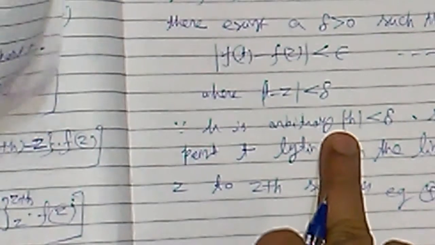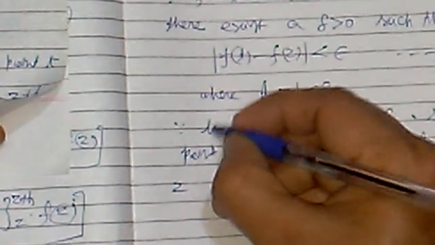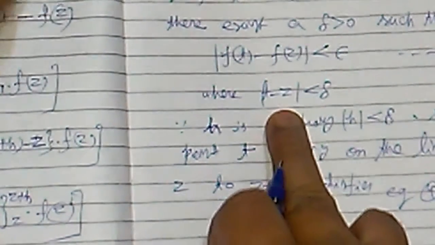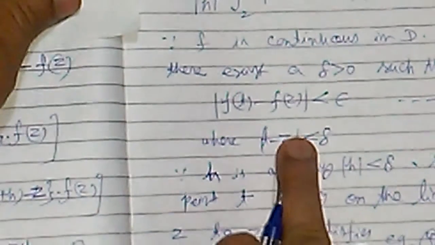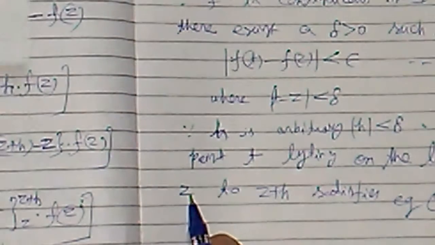This means we choose h such that modulus of h is less than delta, so that all the points t lie on the line joining z to z plus h.